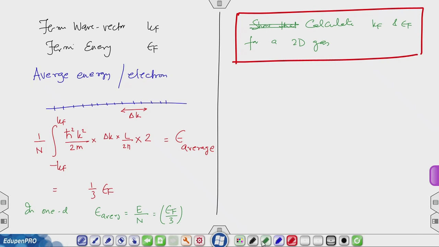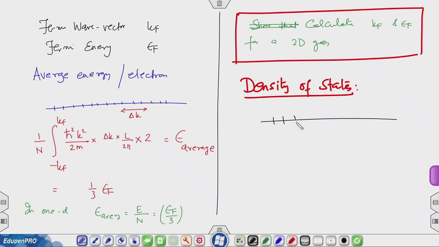The final concept I want to talk about now is the density of states. As I said earlier, these states are quasi-continuous.